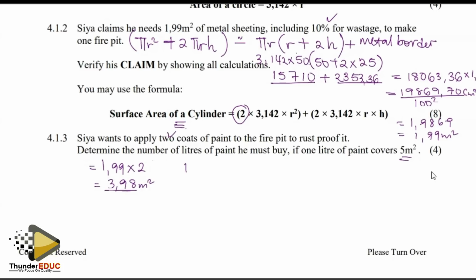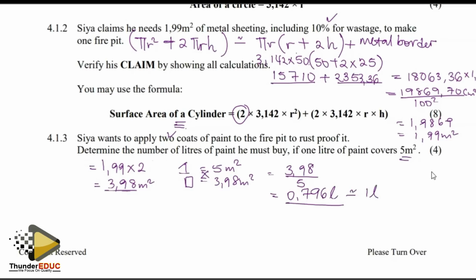If 1 liter goes for 5 meters squared, and you have 3,98 meters squared, what paint will you use? This simply means that we are going to divide by 5. The answer becomes 0.796 liters, which becomes approximately 1 liter.